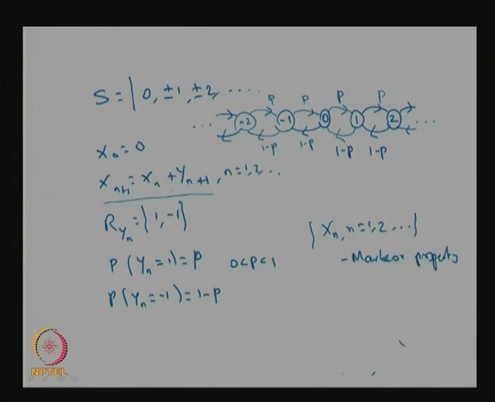Therefore, this stochastic process x n, for n equal to 1, 2, 3 and so on, is going to satisfy the Markov property. Therefore, this discrete time discrete state stochastic process is going to be a discrete time Markov chain. Once the Markov property is satisfied, by using the Chapman-Kolmogorov equation, you can find the distribution of x n taking the value k.